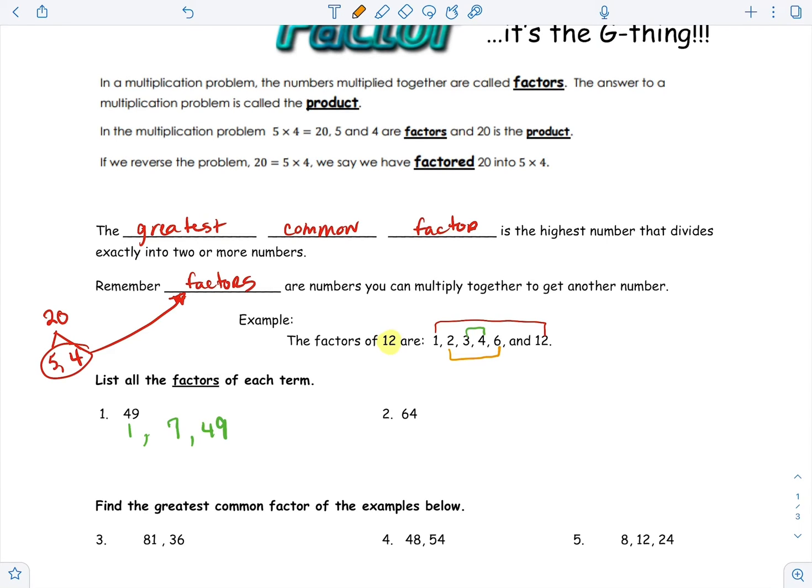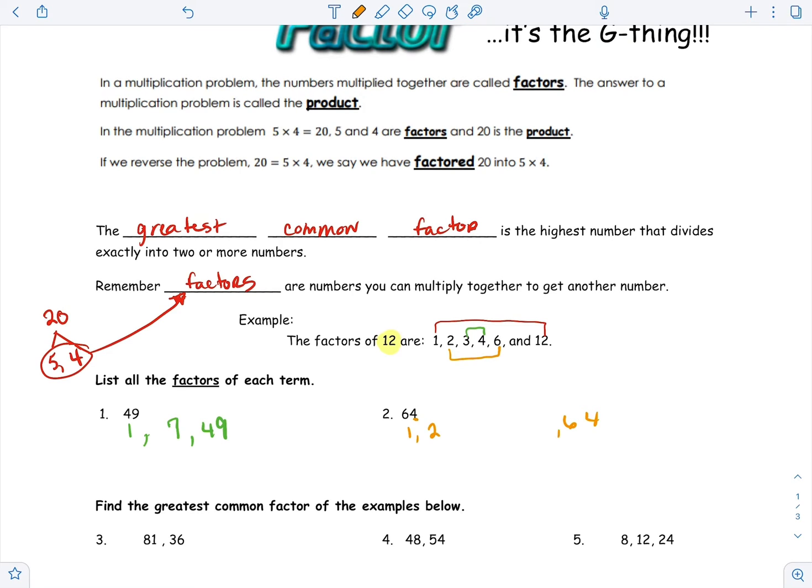Now in number 2, we have 64, where let's say we have 1 and 64. And then 2 can definitely go in here since we have an even number on the end.